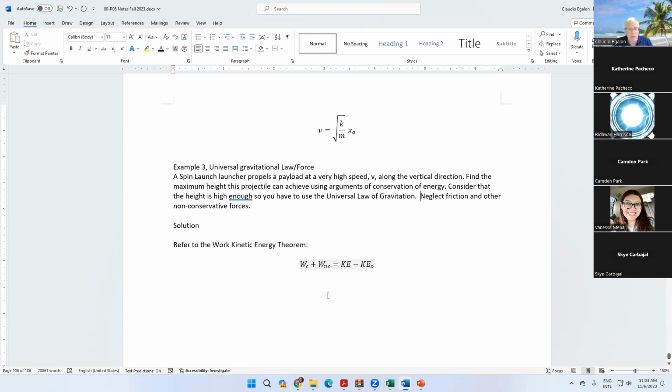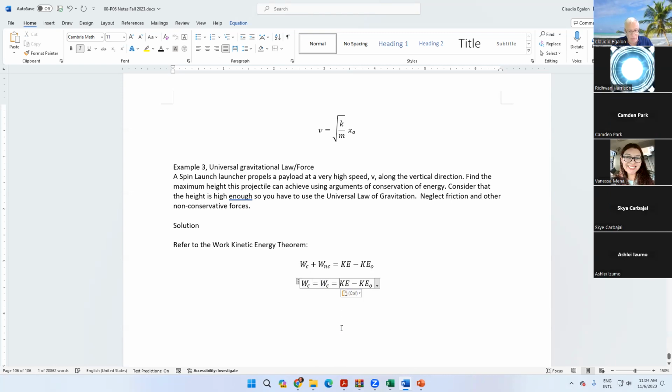So we are neglecting non-conservative forces. The only conservative force is the force of gravity, and you end up having the big G, big M, the mass of the satellite, and the distance of the satellite.